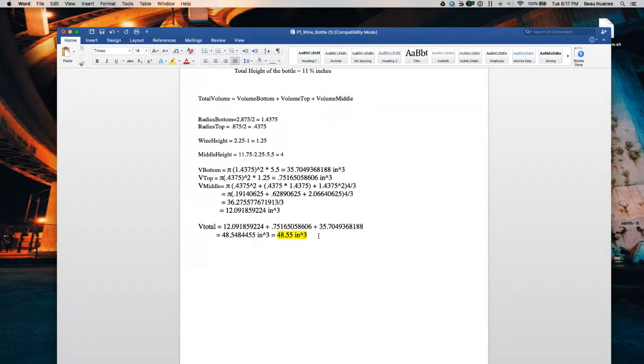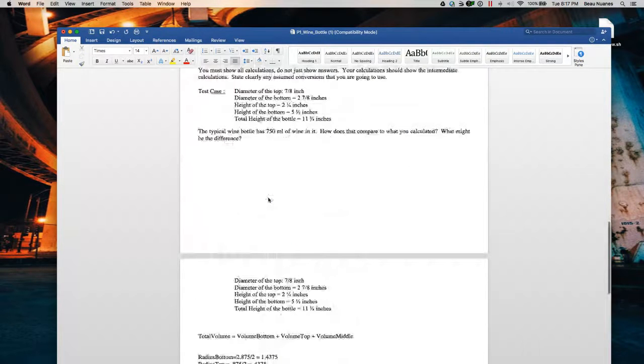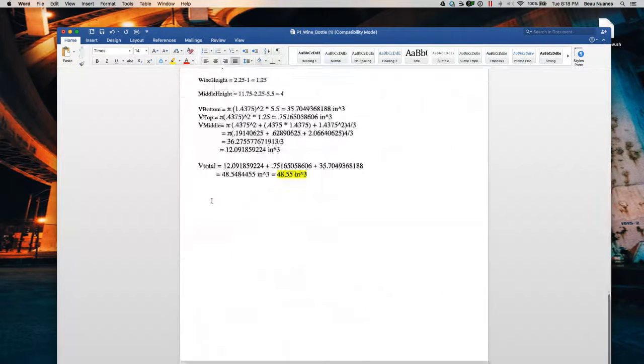The other thing that we're going to need is they wanted the gallons. And from the spec, we were given right here, a fluid gallon is 231 cubic inches.